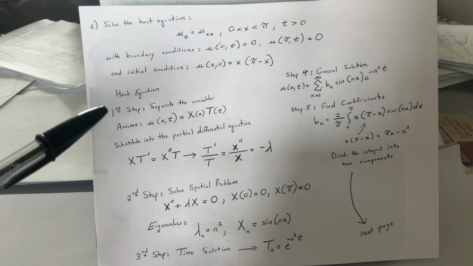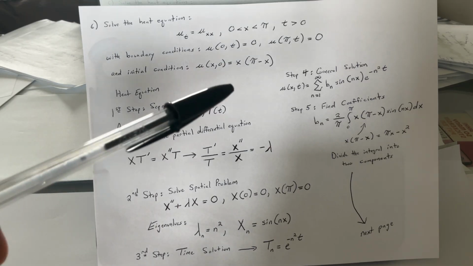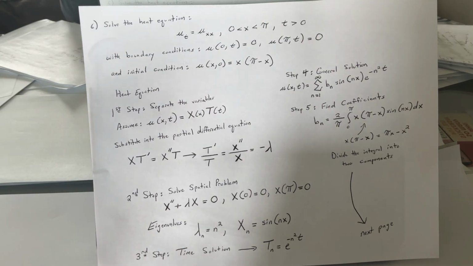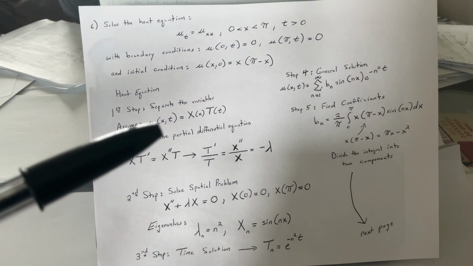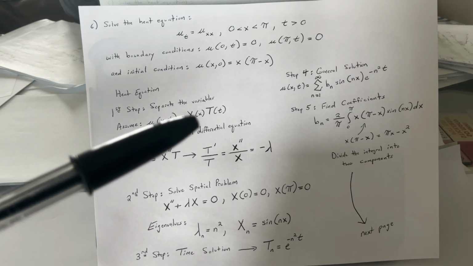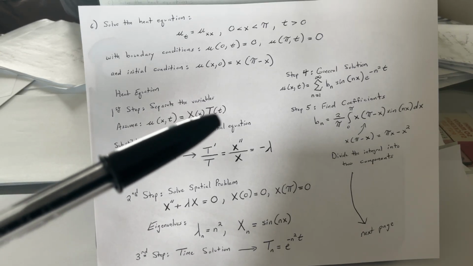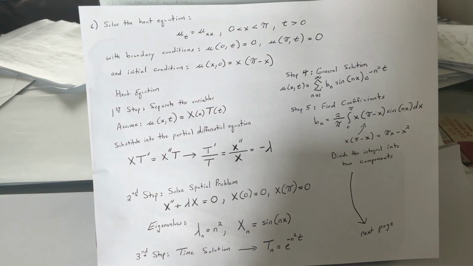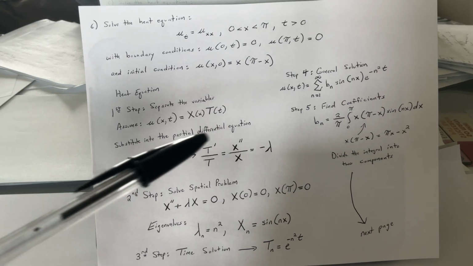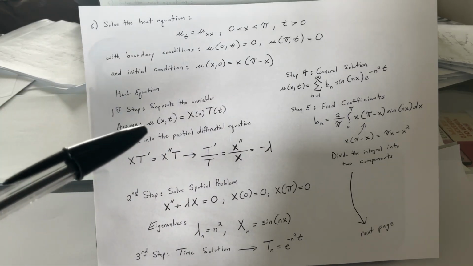So first step here with the heat equation, we want to separate the variables. So what we're going to do is assume u of x, t equals capital X of x times T of t. So we're dealing with temperature and we're dealing with space. Okay? Now substitute into the partial differential equation.